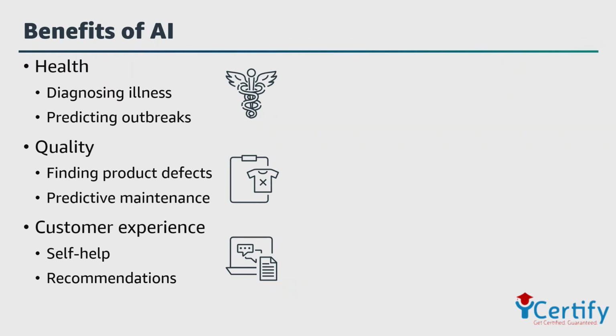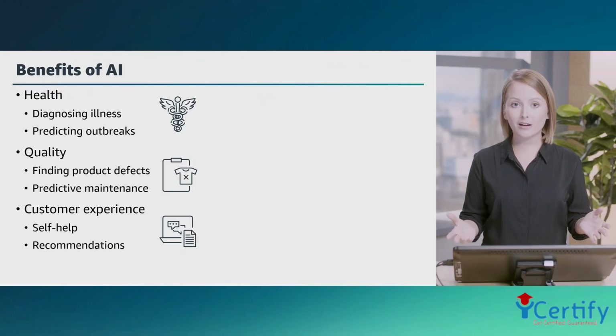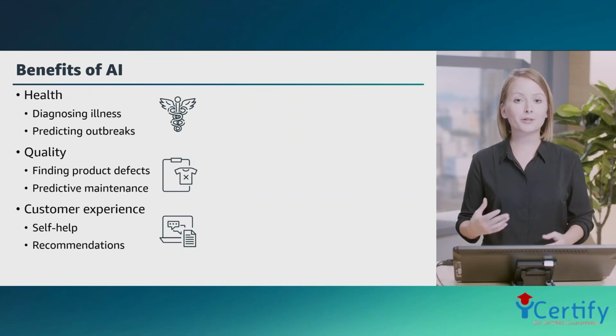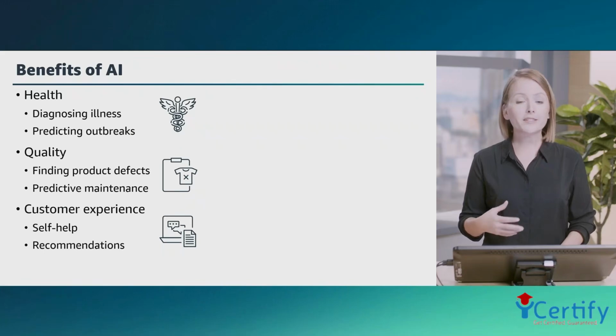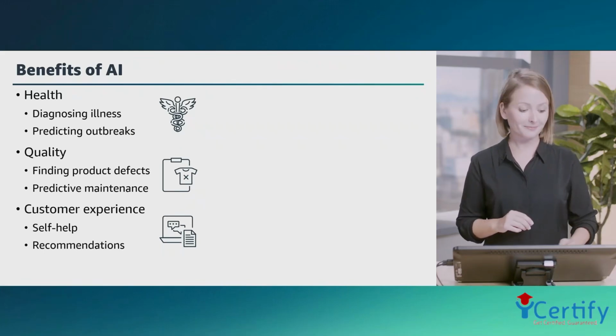AI systems use shopping activity history to make product recommendations and help customers buy the things they want. Discovery uses AI to make personalized content recommendations for their viewers based upon their viewing history.